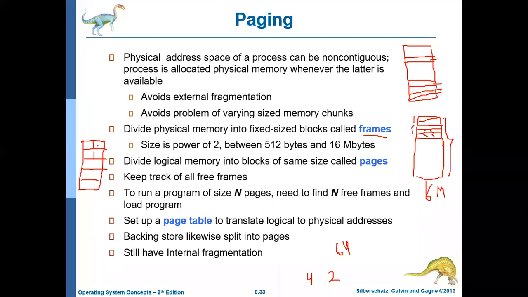If page size is 4 kilobytes, then again frame size will be 4 kilobytes, because one page is to be allocated to one frame. One complete page we will be putting in the memory in some frame. So page size and frame size will be the same.